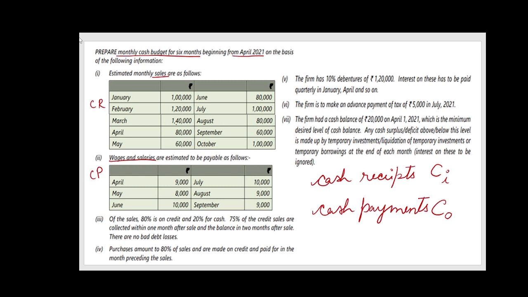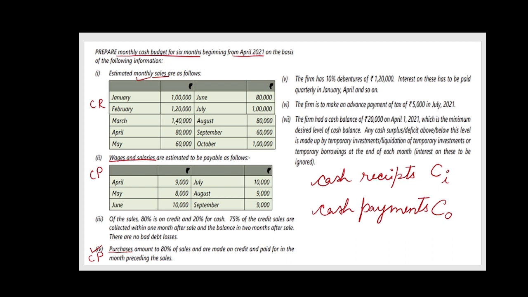Now the third adjustment is again pertaining to sales. So we need to account for the third adjustment when we are looking into cash receipts, that is sales. The fourth adjustment talks about purchases. When we are purchasing raw materials for the business, cash goes out. As such, it is a cash payment.